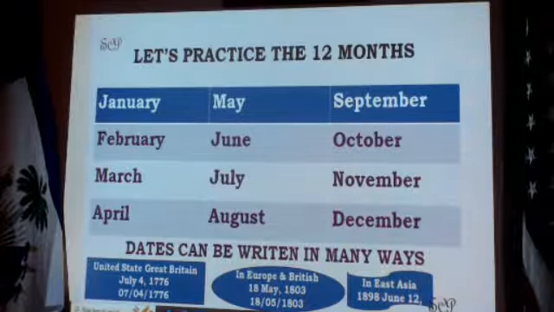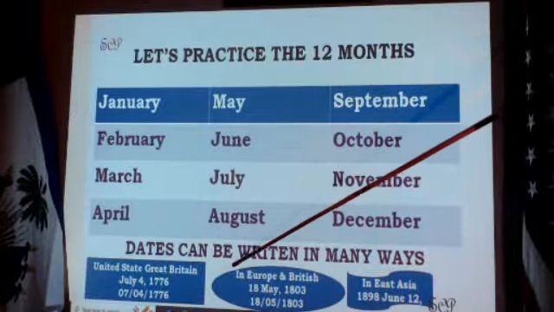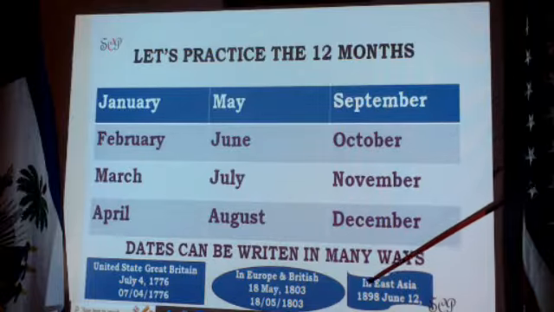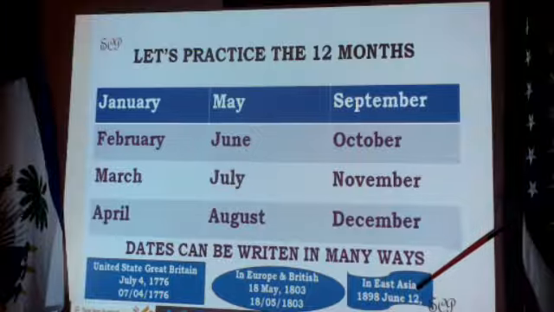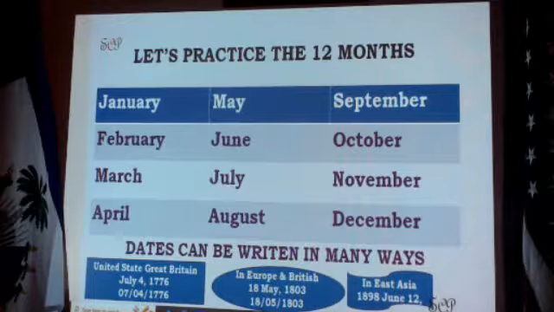So remember, your accent can be different from one another. If you see those three dates here, Great Britain, Europe, and East Asia, they are different. My accent and yours should be different.